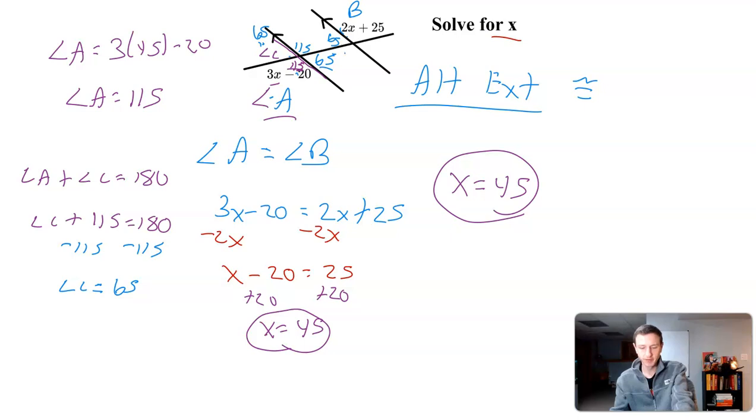So those are 65, 115, alternate interior or supplementary. And then these are vertical. Angle B is 115, and angle B is also equal to angle A because of alternate exterior, as we talked about. 65, 65. You could piece together this whole thing. It's actually pretty fun. I like doing those kinds of exercises. But it's way more than this question asked. All I wanted was x. Just got a little carried away.